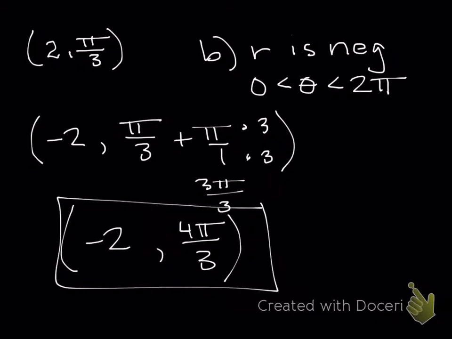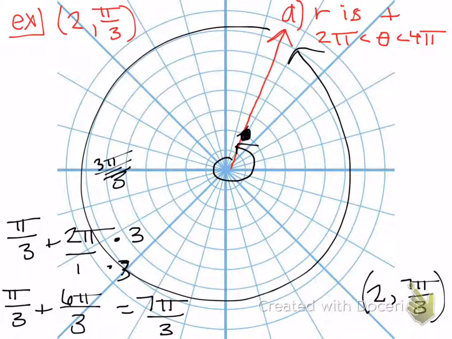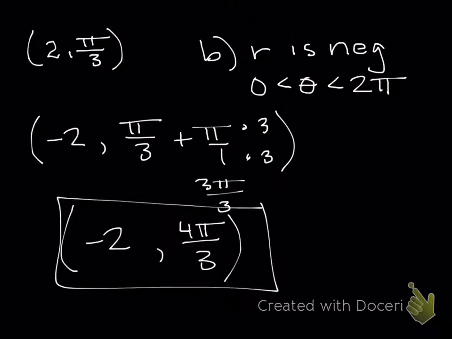And to prove it to you, let me go back a screen. So 4 pi over 3, we know that here's 3 pi over 3, so 4 pi over 3 is going to be down here, going this direction. And now if the r is negative, I'd go 2 units away, and notice I'd fall in the same exact spot. So it maps us to the same spot.